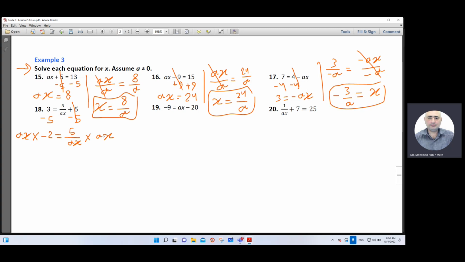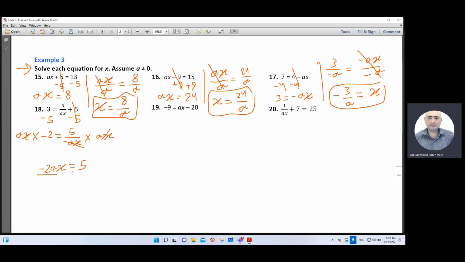So we have ax up in the numerator and ax down. ax divided by ax will be 1. It means on this side 5. And here -2 times ax will be -2ax. Then we want to keep the variable alone, so we want to remove -2a.